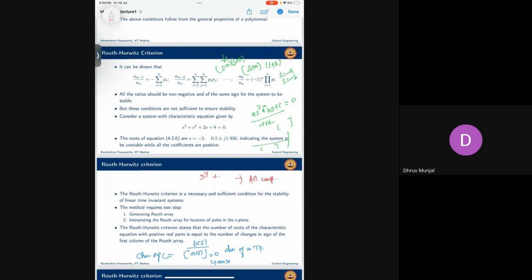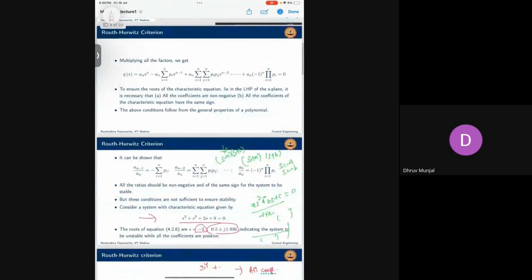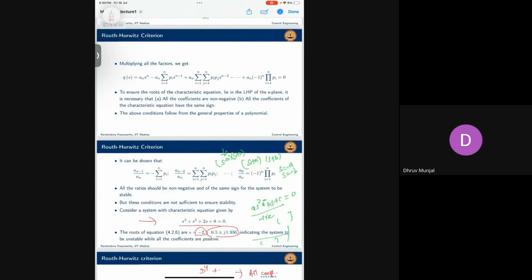When all coefficients are positive, we label that system as stable for now. But there is a special case where even though all the coefficients are positive, if you find the roots of that equation, one lies in the left, another lies in the right. So even with these ratios, why are we finding these ratios? Just to find the signs.